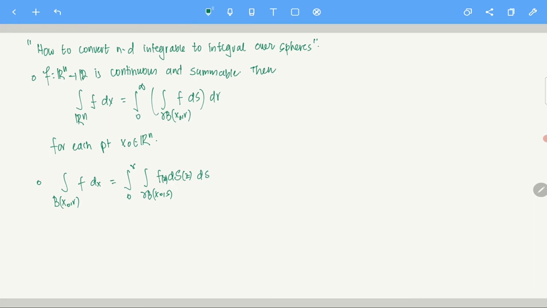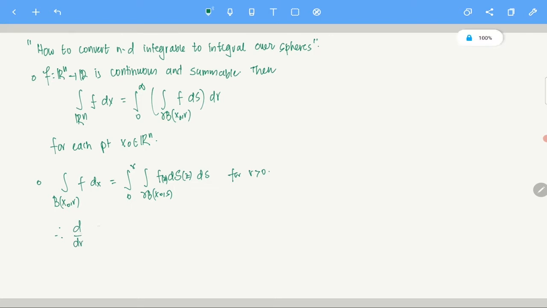Clear? You just change Rn to B(0, r). So if you want to do it over the full ball, you integrate over the boundary of a small ball and then take the radius from 0 to r. So this holds for each r positive.